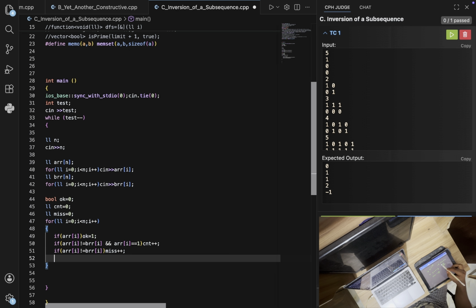And with a mismatch, it has to have at least one 0 in the answer. It means it has some zeros.